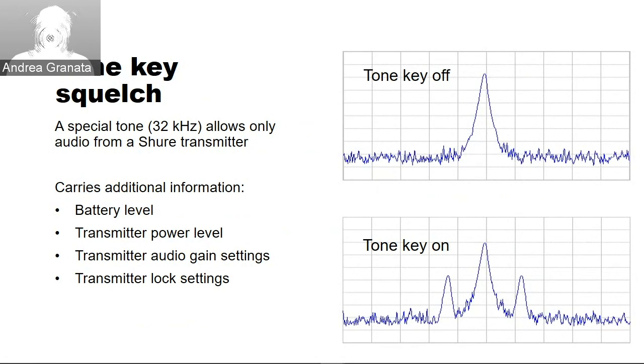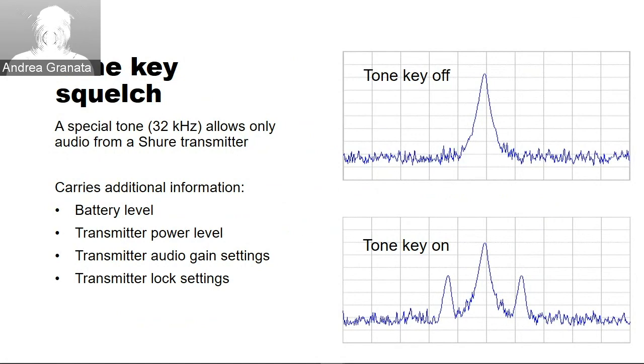This special tone is out of the audio bandwidth, and together with the green light for the squelch to open, it carries some additional information that, depending on the model and manufacturer, can be different. Most of them can carry battery level information. Some of them can carry information about the transmitter, so power level, audio gain settings, lock settings, or even other different information.